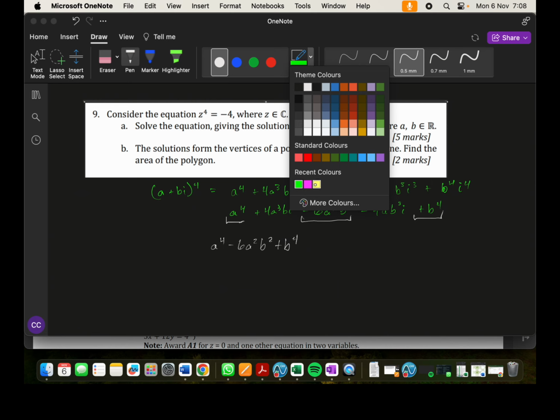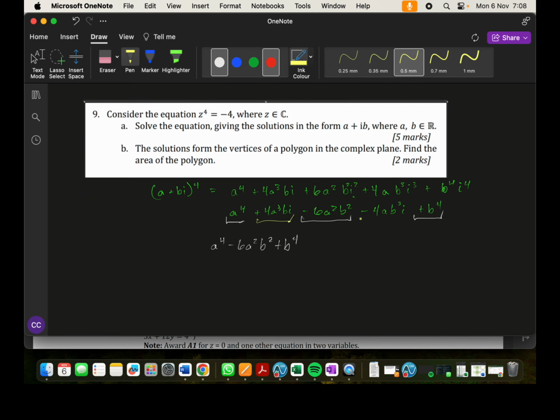And my imaginary parts are 4a cubed bi minus 4ab cubed i. We know that this altogether has to equal -4.